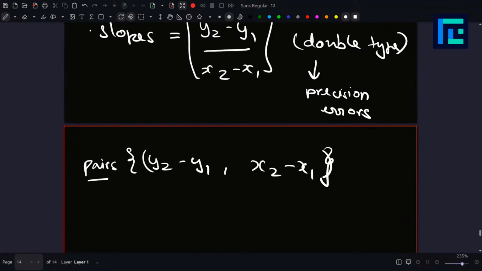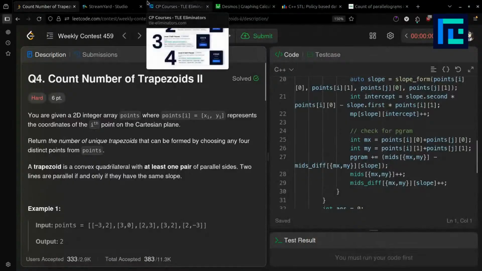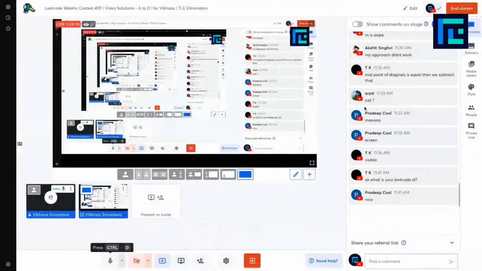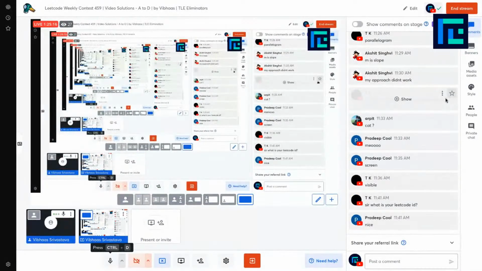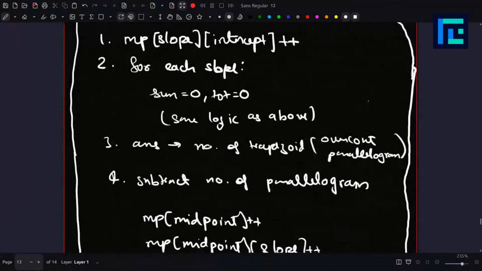And you should remove all the common factors, so you can divide by g, which is the GCD. This is just to make it a proper fraction. So that's how I was storing the slopes, to avoid floats. Make sense? So that's the technical detail while finding the slope.